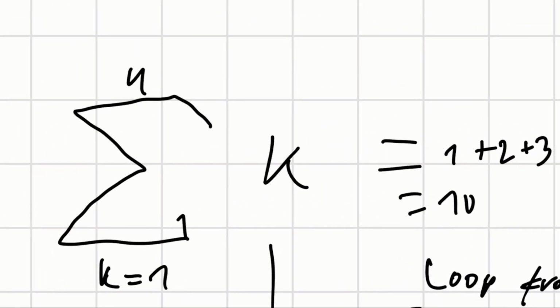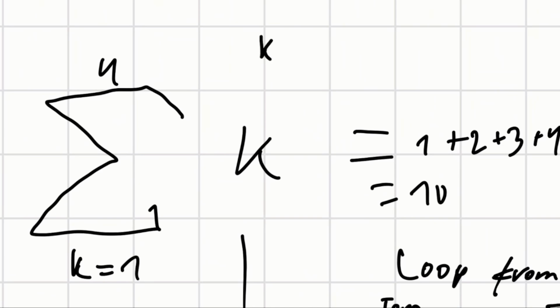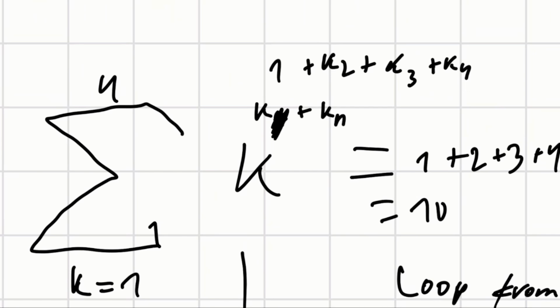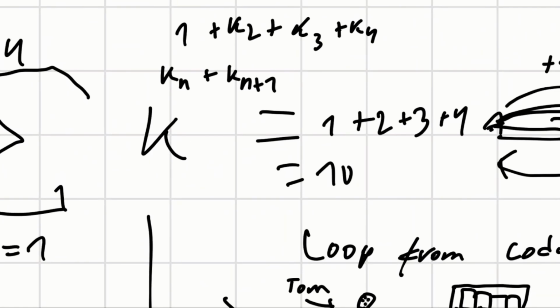What happened here? So k, let's say k1 plus k2 plus k3 plus k4. We start at 1, and for every new addition of a new k, k will just be increased by 1 in our example.